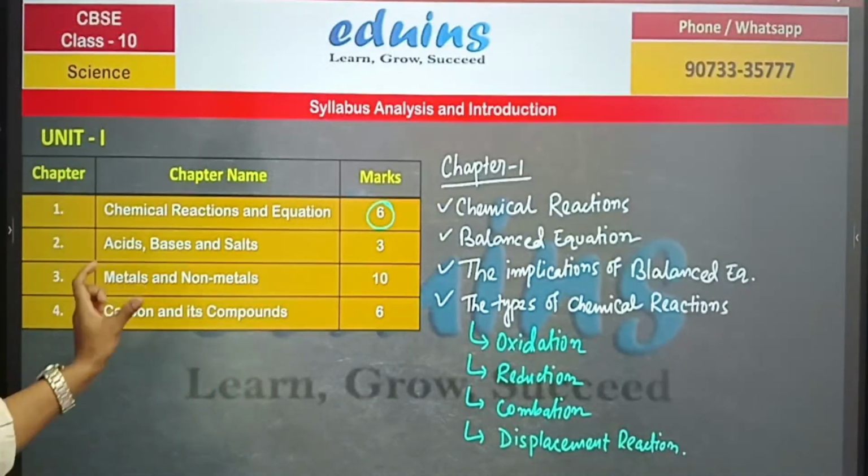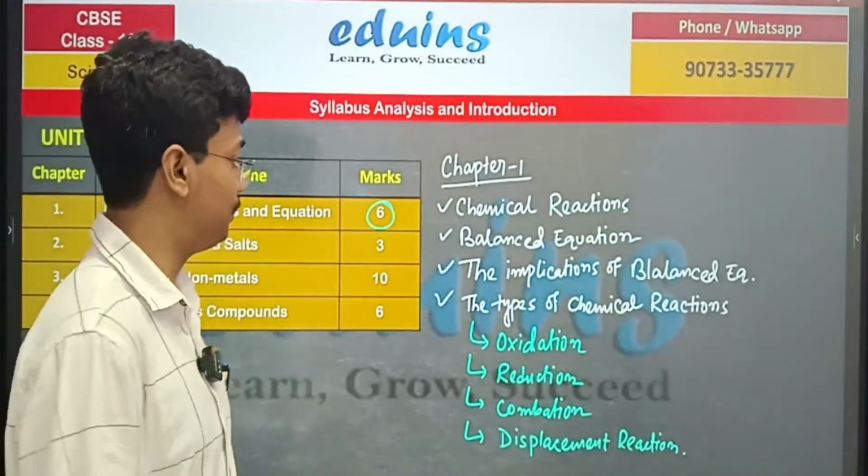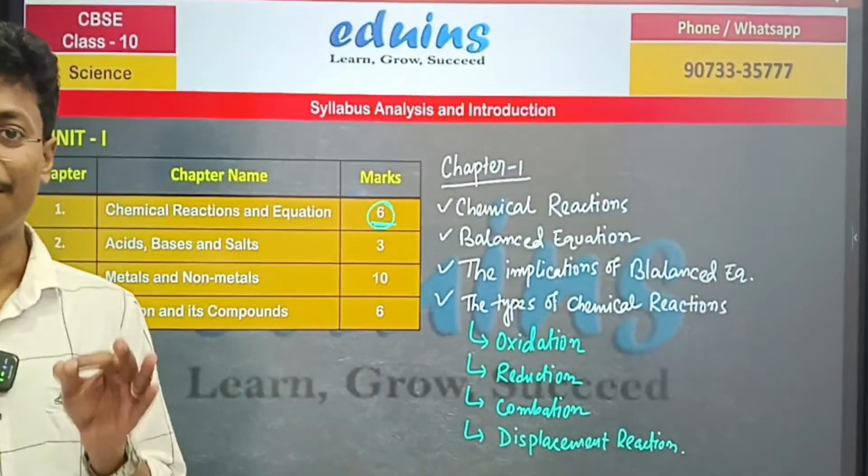So for the first chapter of your unit 1 we will get the 6 marks.